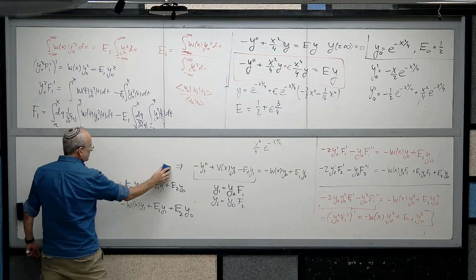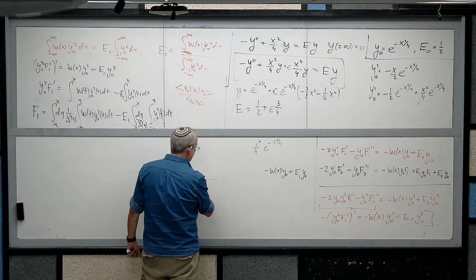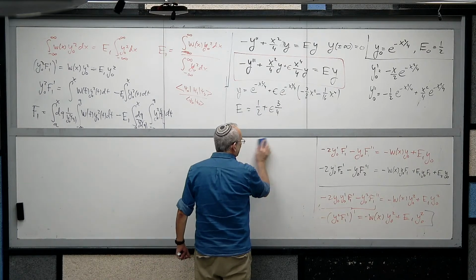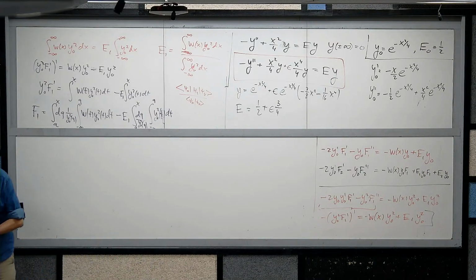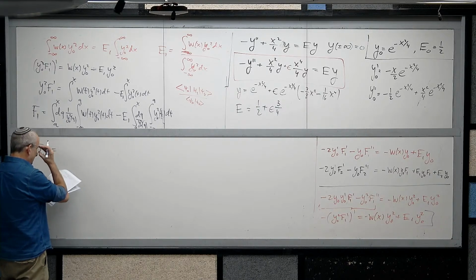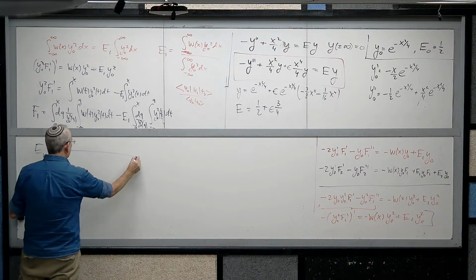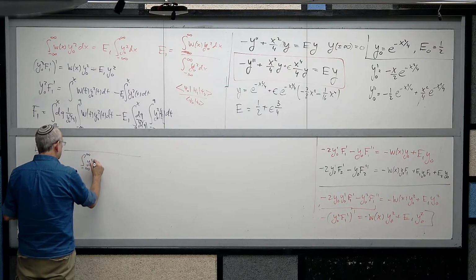So the generalization of this horrible procedure is that En is, first of all, here I have the integral from minus infinity to infinity of y naught squared dx.